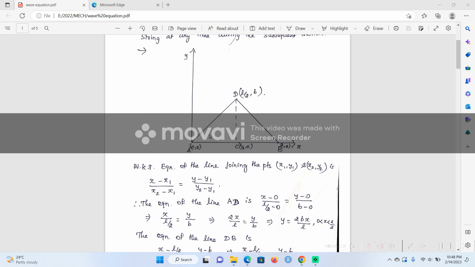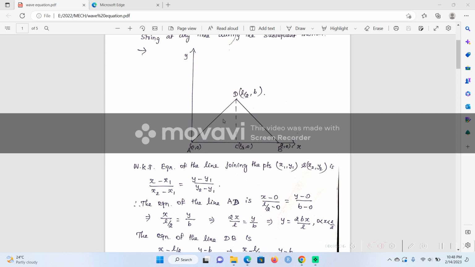So the string is transformed into one curve format. From this D point, the string is released and it makes some vibration. During that vibration some displacement will happen.